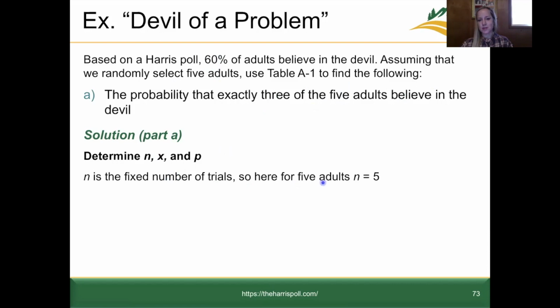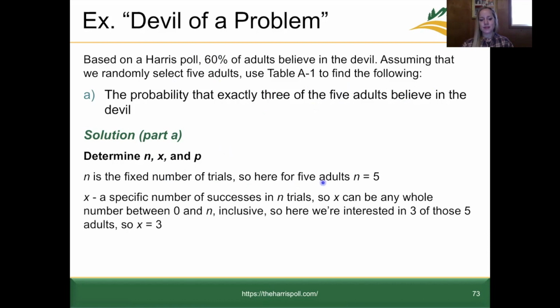Here n is equal to 5. For x or s, remember those are the same, this is a specific number of successes in those n number of trials. So x can be any whole number between 0 and n. Here we're interested in 3 of those 5 adults, so our x or s value is 3.